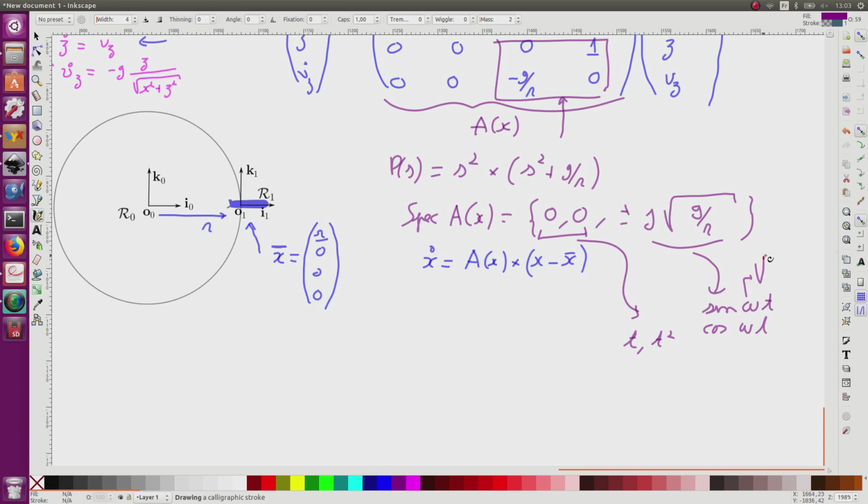So this one, omega is square root of g divided by r.